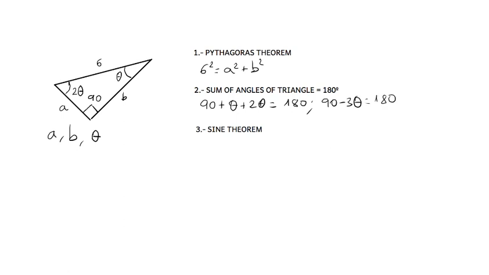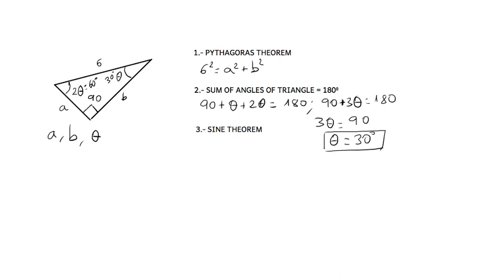So 3 theta equals 90. So theta equals 30 degrees. So then this angle is 30 degrees and this angle is 60 degrees. And the sum of all together is 180.